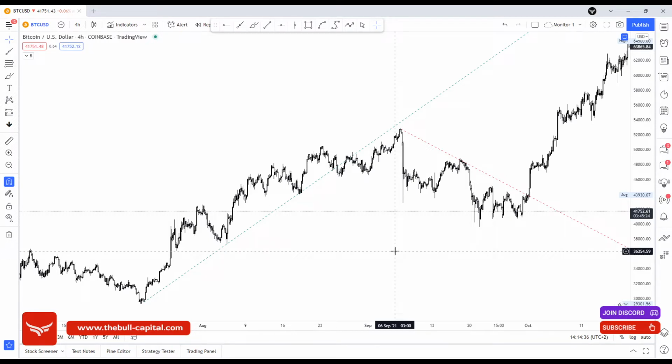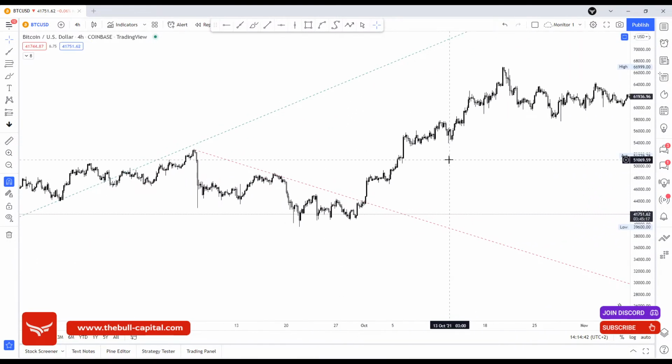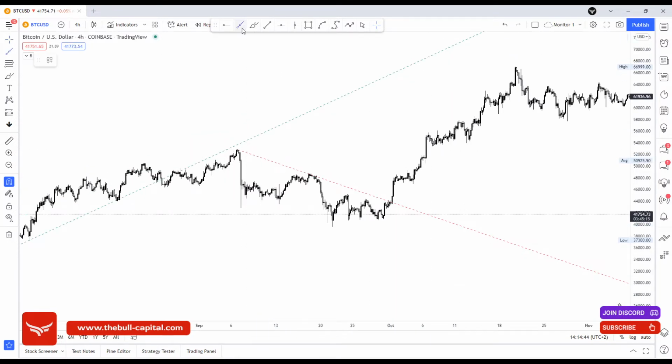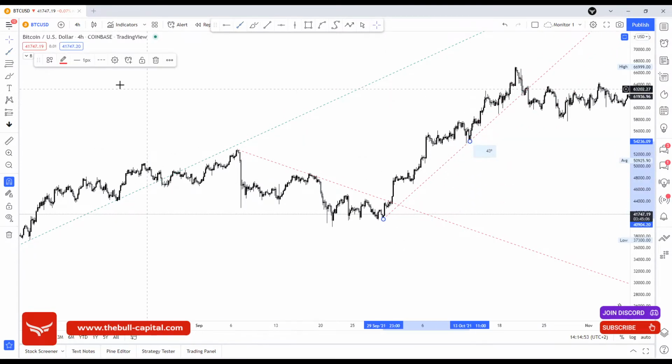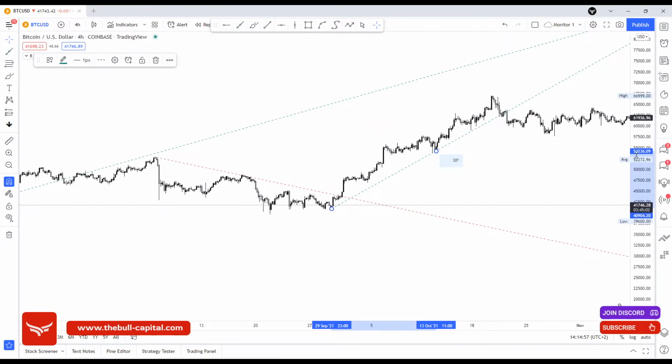When a downtrend is being broken, it forms an uptrend. So now we have another uptrend here. We take the bullish candle to the next lowest bullish candle, and we have another trend here.